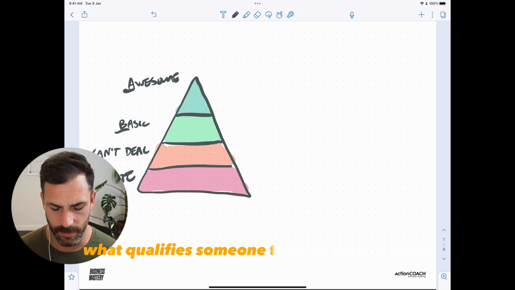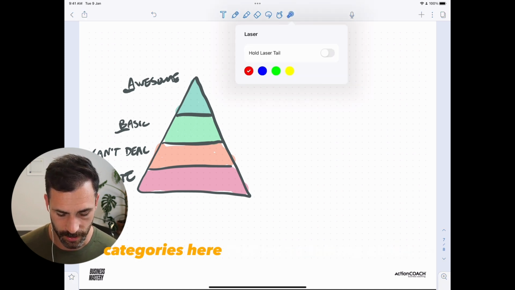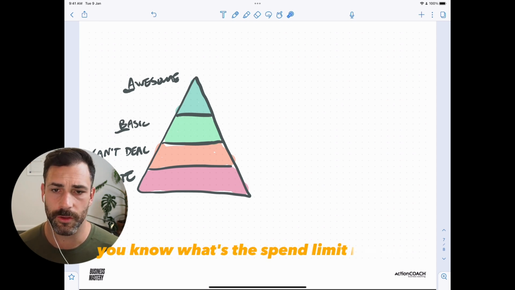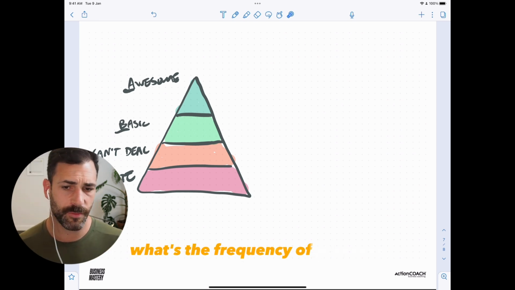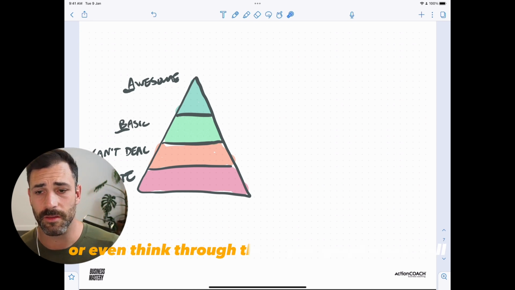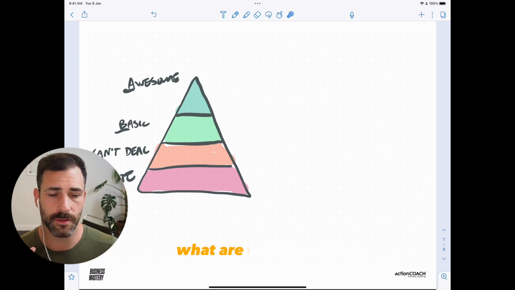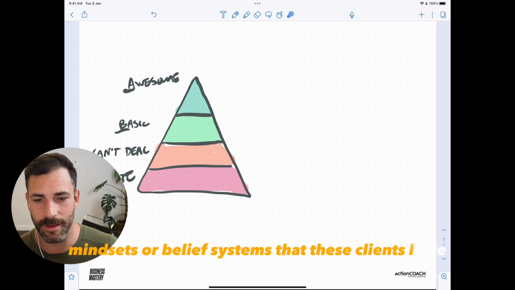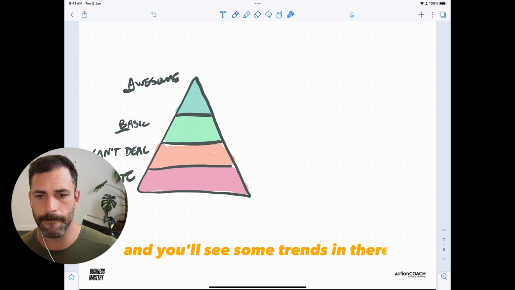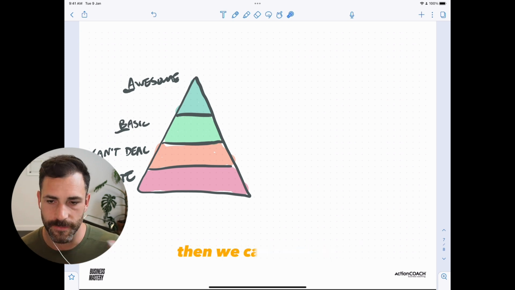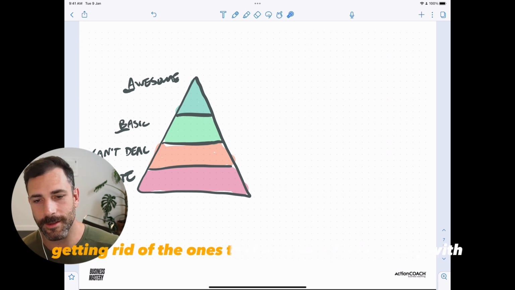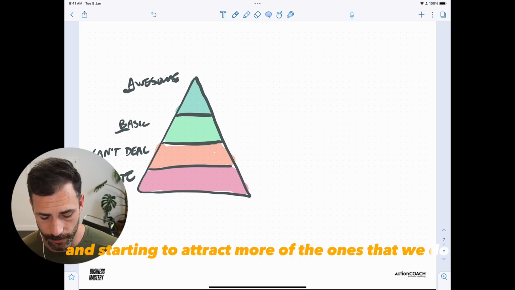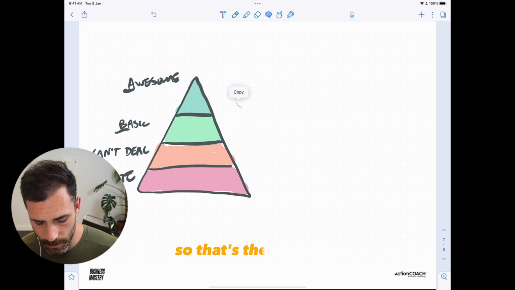What qualifies someone to be in each of these categories? What's the spend limit required? What's the frequency of purchase? Or even think through the psychographics as well. What are the types of mindsets or belief systems that these clients have? And you'll see some trends in there. Once we're clear on that, then we can focus on getting rid of the ones that we don't like dealing with and starting to attract more of the ones that we do. So that's the first step.